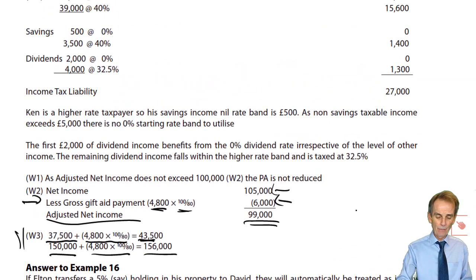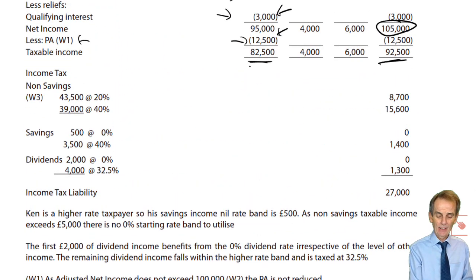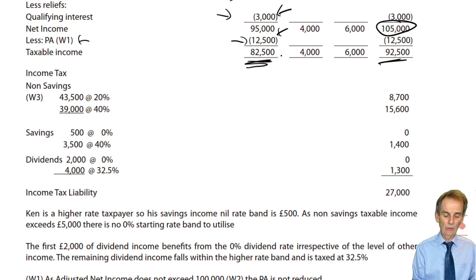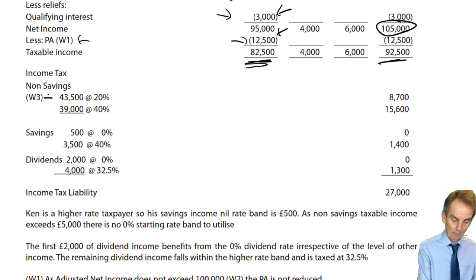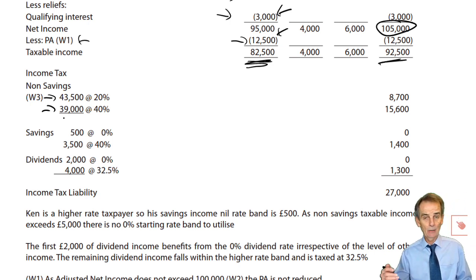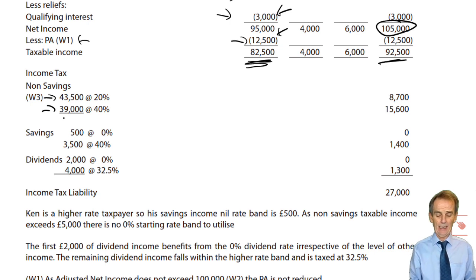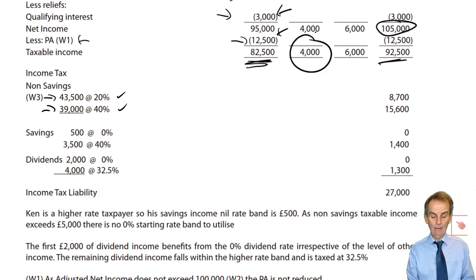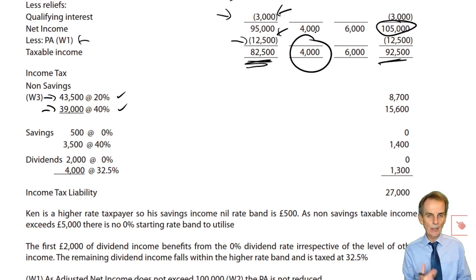Once we've got those revised bands, we then proceed to tax the 82,500, of course, first of all, of non-savings income. We've got our revised basic rate band limit of 43.5, which still leaves a further 39,000 of the non-savings income to be taxed, which of course is now pushed up into the higher rate bracket. So we work out our 20% basic and our 40% higher rate tax. Then on to the savings income. Now, first of all, clearly no 0% starting rate band available, because way more than the first £5,000 of taxable income was non-savings.